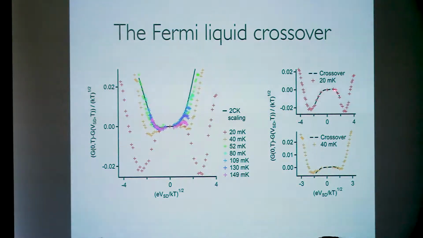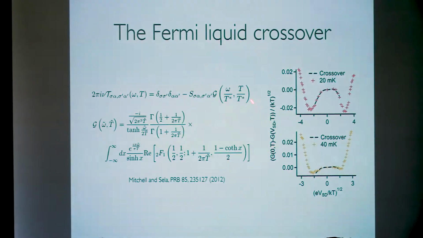And these deviations can also be fit to exact expressions, given by this expression here, and it's just a function of this T star parameter. So no matter if I'm doing exchange coupling detuning or if I had changed the magnetic field, all of that just gets rolled up into this effective T star parameter. So it's kind of interesting, and again it's a signature that this is a universal property of the model.